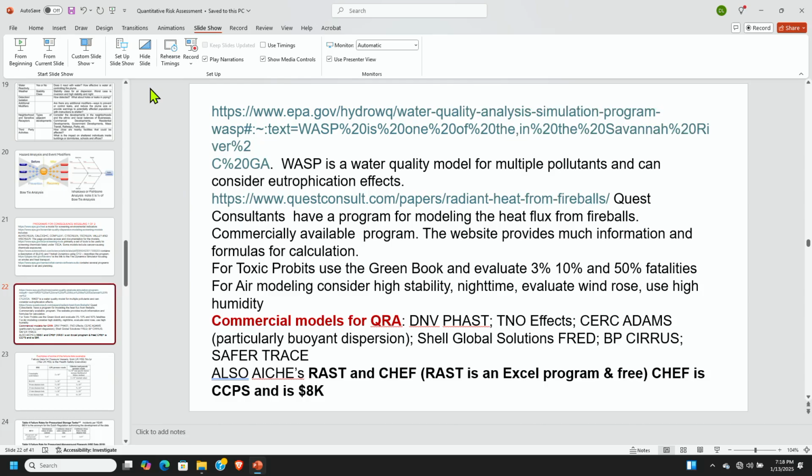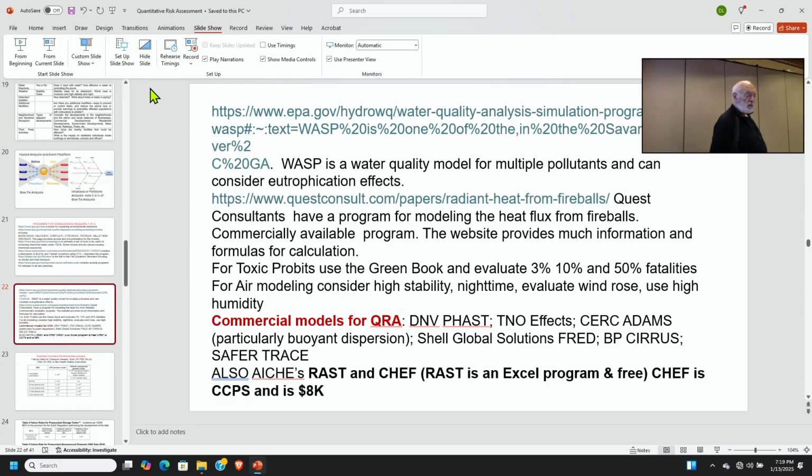All right. There's a possibility here. There are water quality programs that will look at releases to water. WASP is a water quality model for multiple pollutants and can consider eutrophication effects. There are various consultants that have programs for modeling heat flux from fireballs.